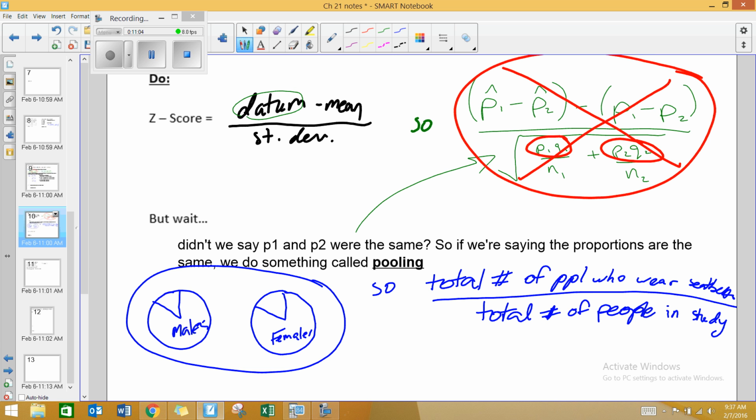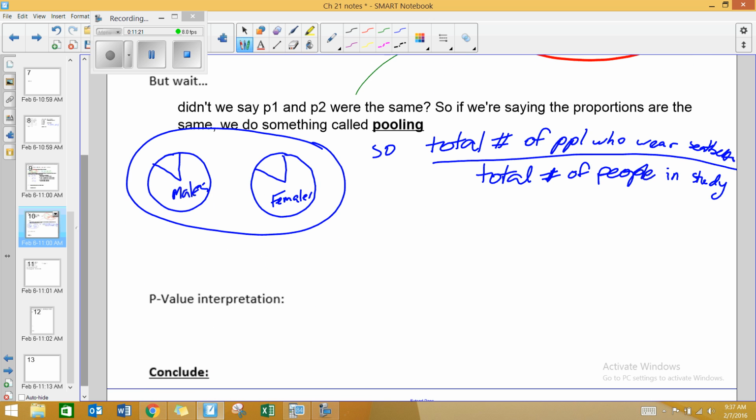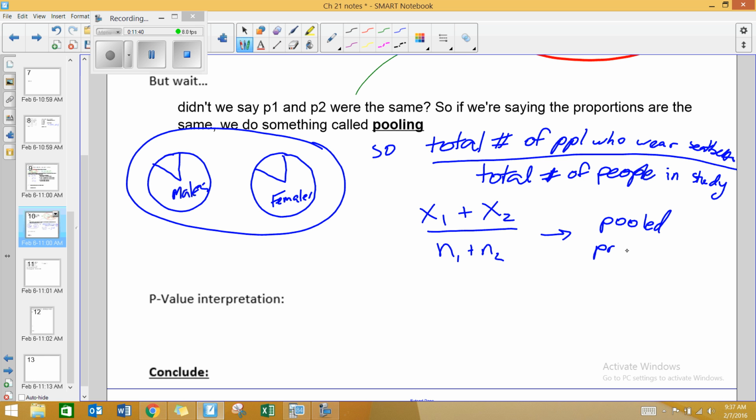Okay, so that's how we calculate that standard deviation. If I'm saying that both of these groups have the same proportion, well then if I put them all into one group, that proportion should be the same. So here's how we do that. That's just going to be x1 plus x2, so total number of people who wear seatbelts, over n1 plus n2. And this gives us our pooled proportion.